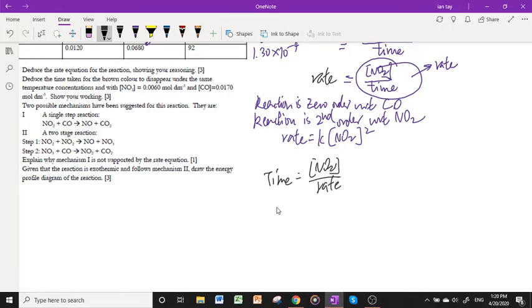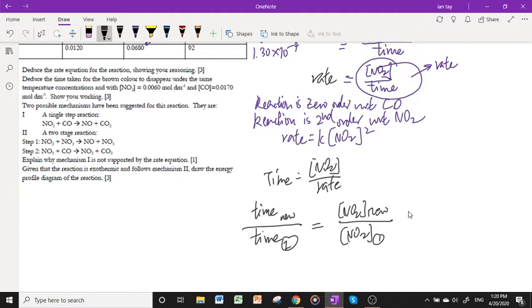And so we know that the new time taken over the time taken for experiment 1 would be equal to the new initial concentration, I'll just call it NO2 new, divided by the concentration of NO2 in experiment 1, times the rate of experiment 1 divided by the new rate.